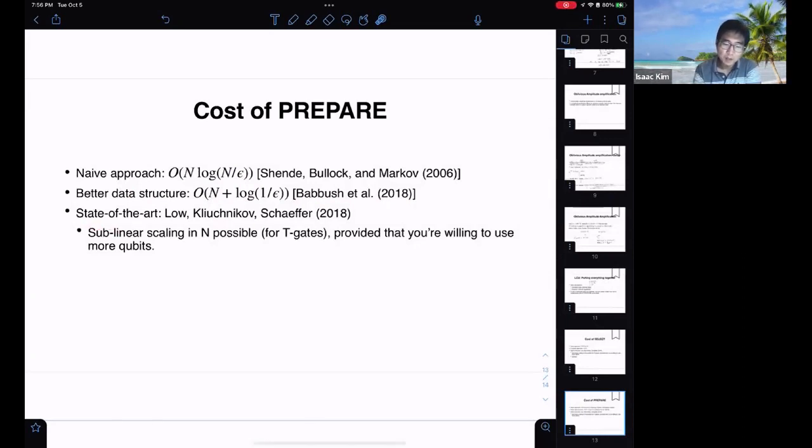And then again, now we have a slightly more flexible and better approach by these folks. Again, you can achieve sublinear scaling in n for T-gates, but you'll need more qubits to implement their method if you want to reduce the T-gates further.